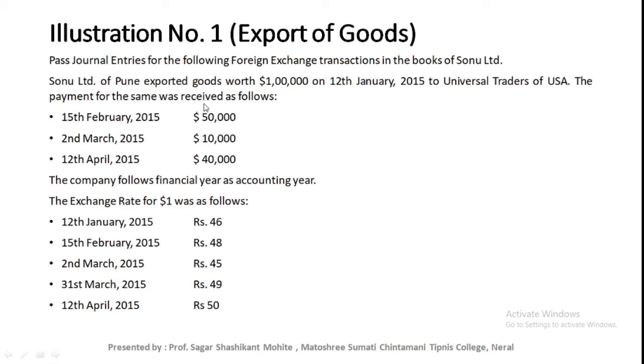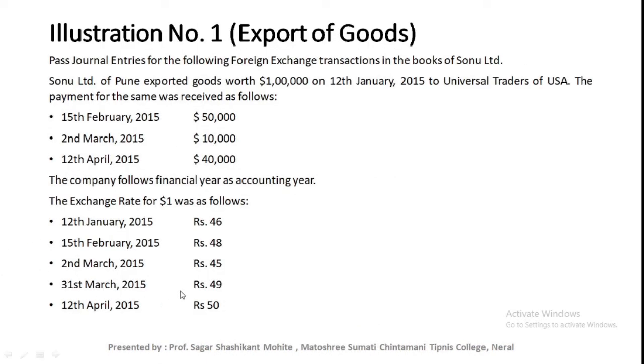The receipts were $50,000 and $10,000. That means we have already received $60,000. The balance is $40,000, so for that we need to adjust the rate of exchange for the balance dollar.